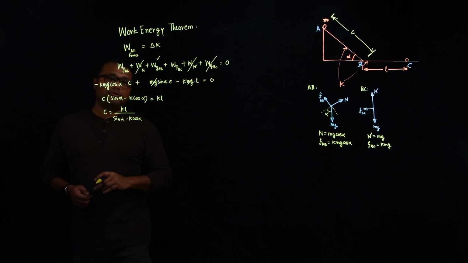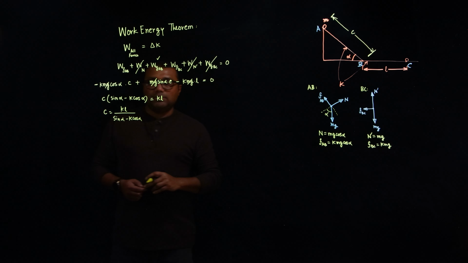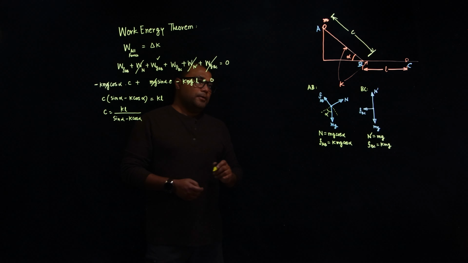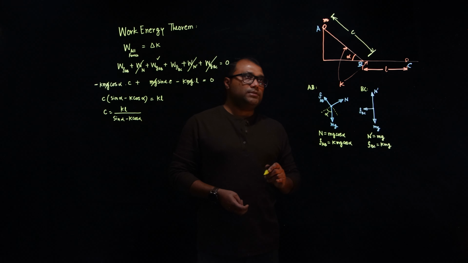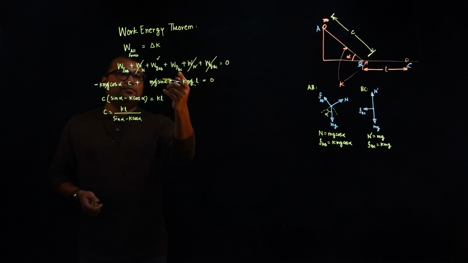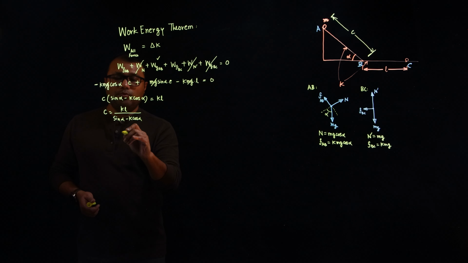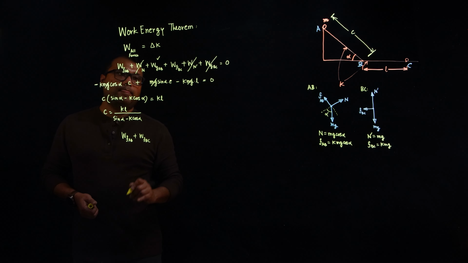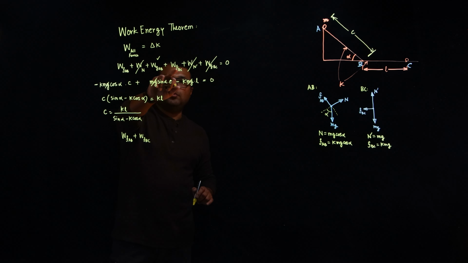So C is KL divided by sine alpha minus K cos alpha. Okay, we found out C. Now the question is, what is the work done by the friction forces along the entire journey? So we have to find WFAB plus WFBC, these two summed.